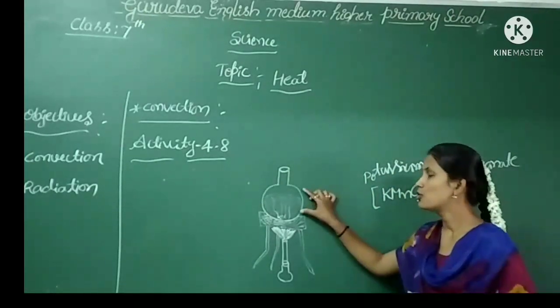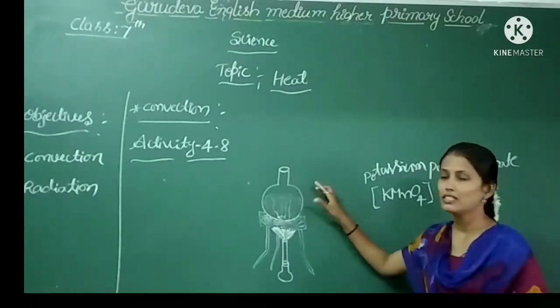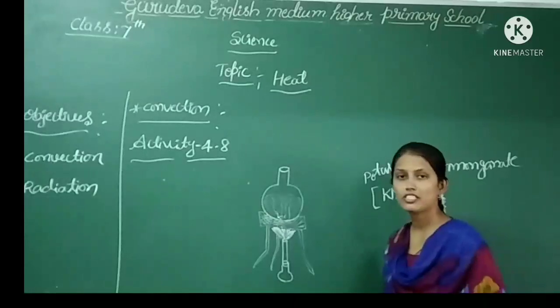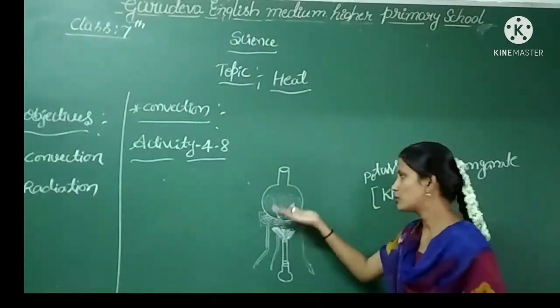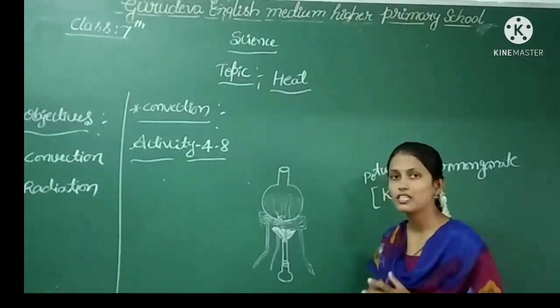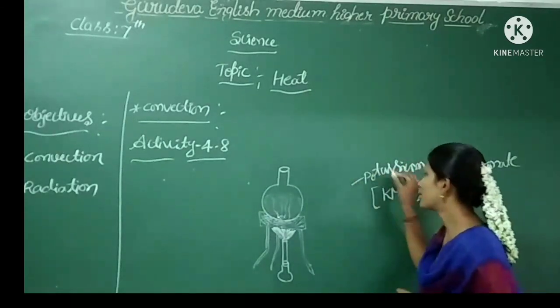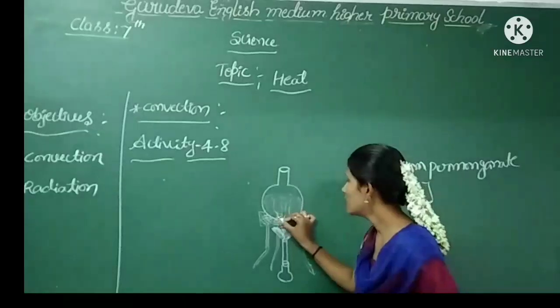Take two-thirds of the water in a round bottom glass. Keep this round bottom glass on a tripod stand. So this is the tripod stand; on the stand you keep the round bottom glass. Wait a few minutes. Later, using a straw, place the potassium permanganate compound at the bottom of the glass.